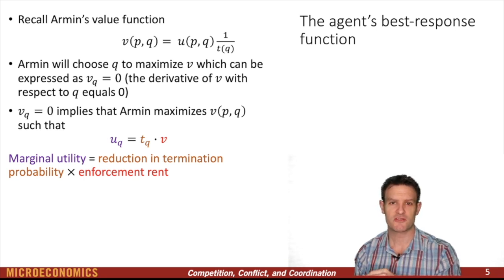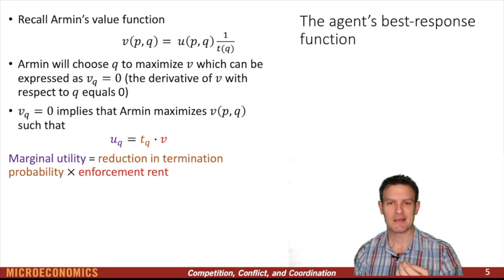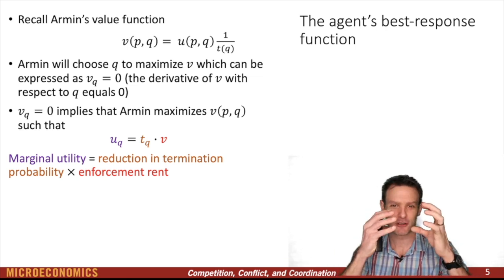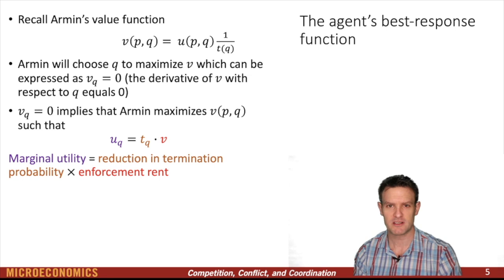So he's going to have a value of the contract, V(P,Q), which gives us an enforcement rent from his interaction with the principal. Remember that the enforcement rent V(P,Q) is basically the value from the contract minus his fallback. We assumed his fallback is 0 for the moment for ease, and that means that V(P,Q) is his enforcement rent from the interaction with the principal.